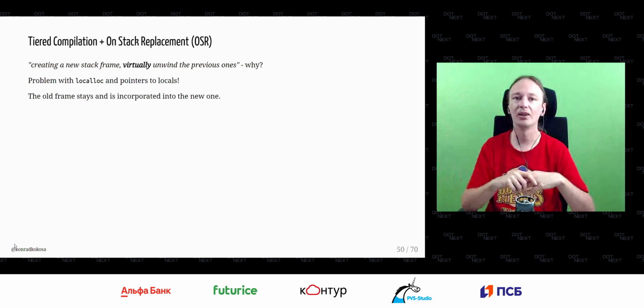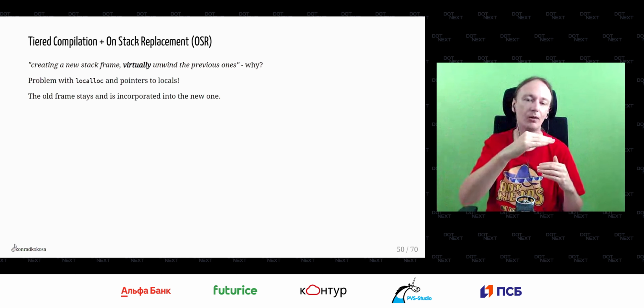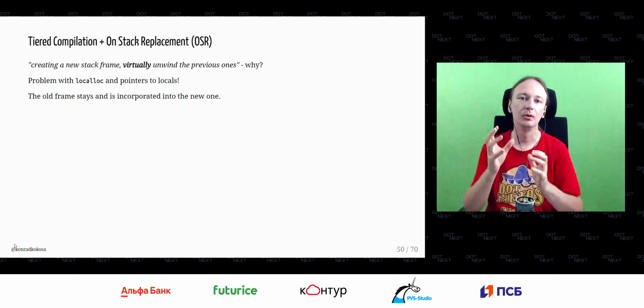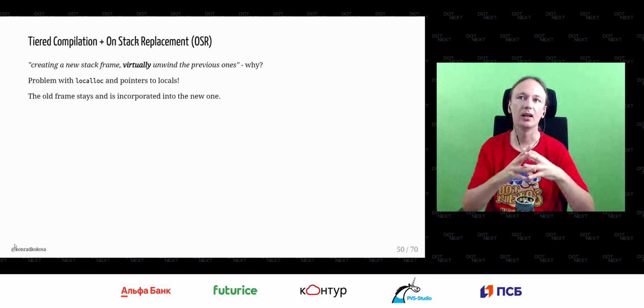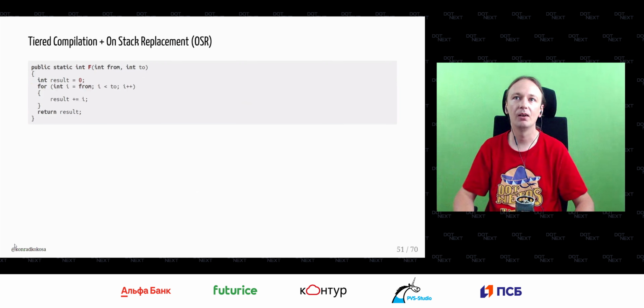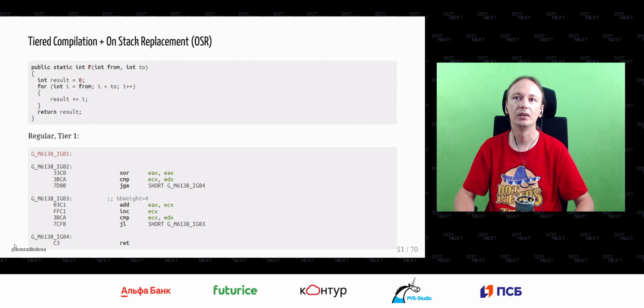So this optimized version in fact will use the new stack frame and incorporate the old one inside, so we have kind of two stack frames because we need the old data there. But those are some interesting caveats that people are just fighting with when designing such things.